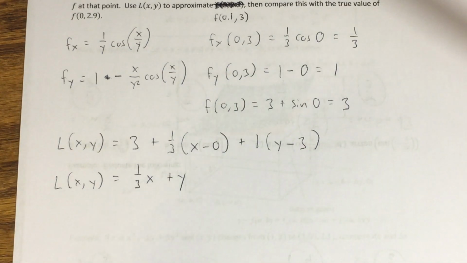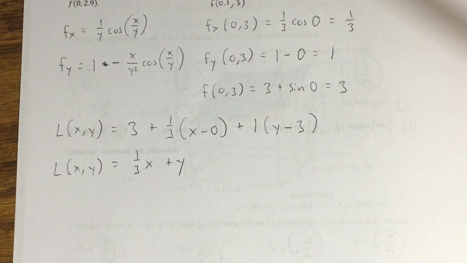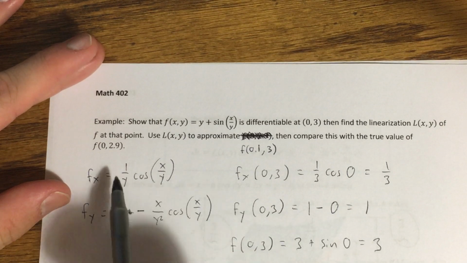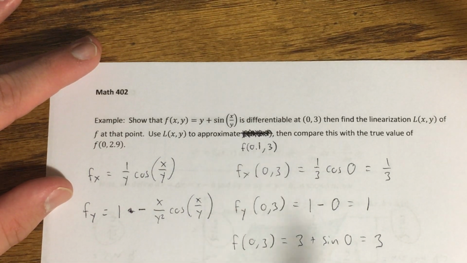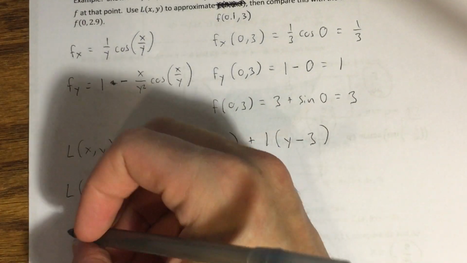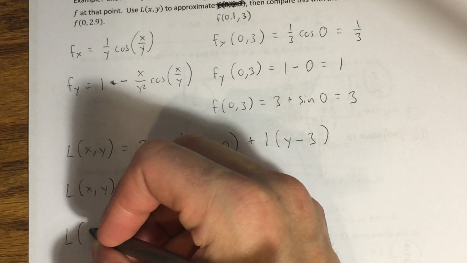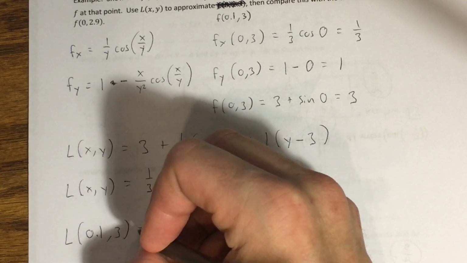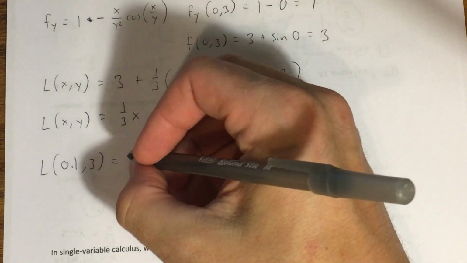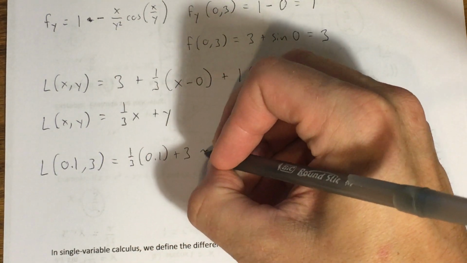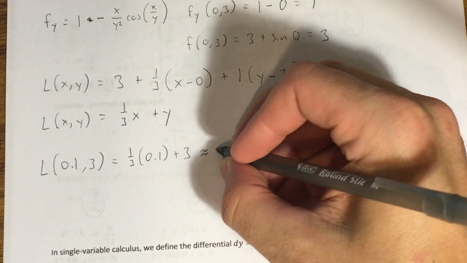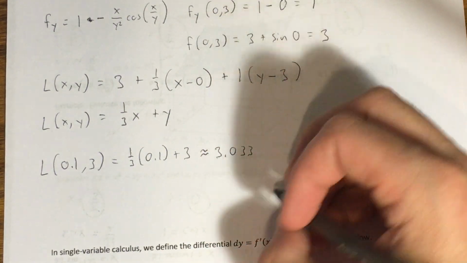Okay, and you get this nice, simple-looking little function, which is going to approximate f of x, y whenever we're near the point (0, 3). And we're asked to approximate f of (0.1, 3) using our linearization. So let's do that. What is L of (0.1, 3)? Well, I have my function here that's 1/3 times 0.1 plus 3. And this, if you go into a calculator, is approximately 3.033.